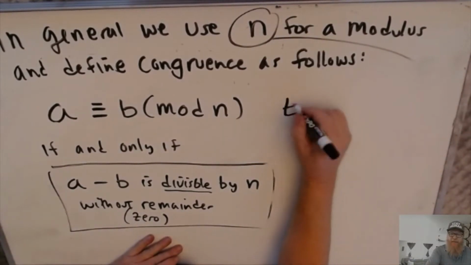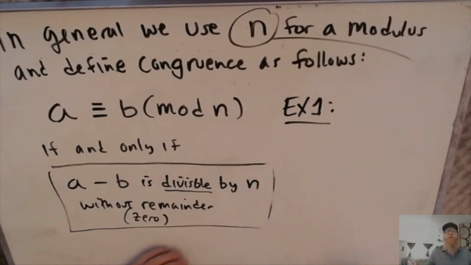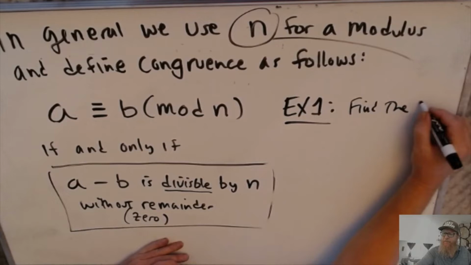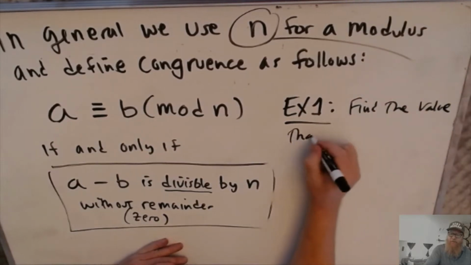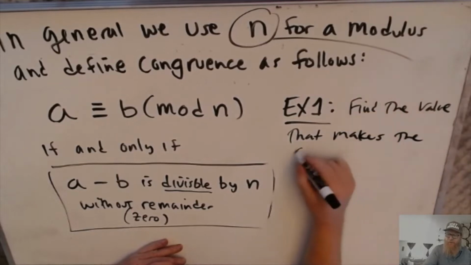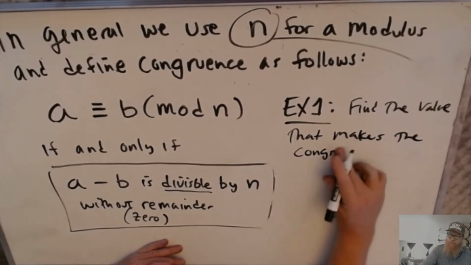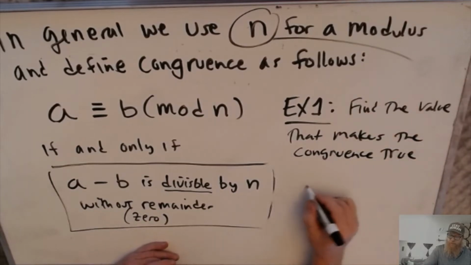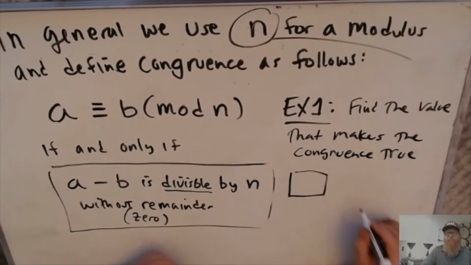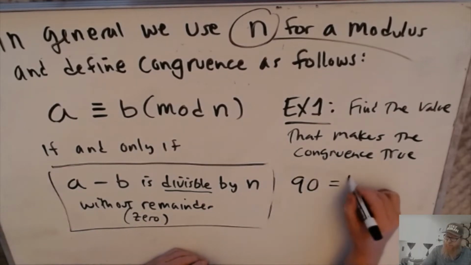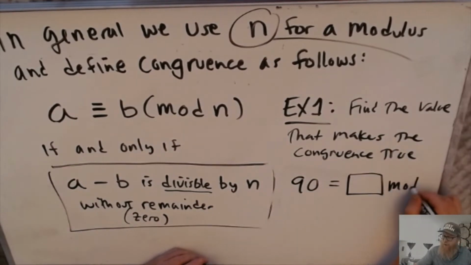Okay, let's try an actual example. Find the value that makes the congruence true. So blank, 90 is congruent to blank mod 12.